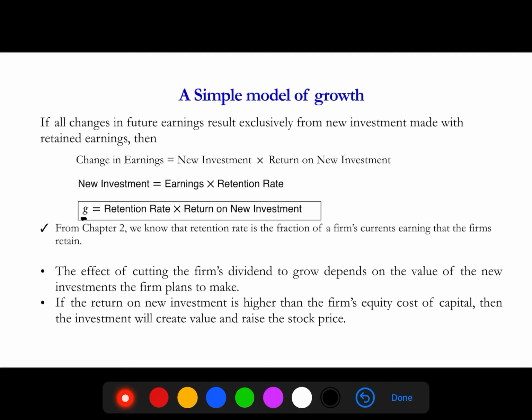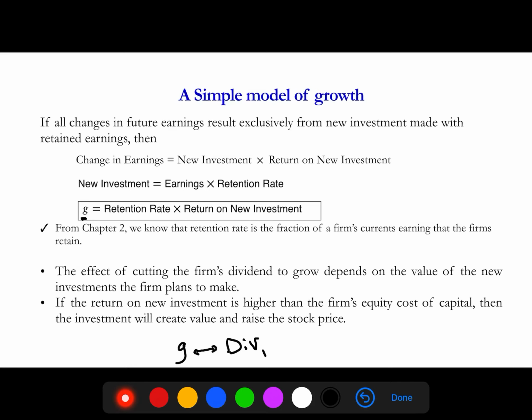So in this video, we see a simple model of growth in which we understand the relation between the growth rate and the dividend at time one. The company cannot simply increase the price of the stock by increasing the dividend at time one because there is a relation between the growth rate and dividend.